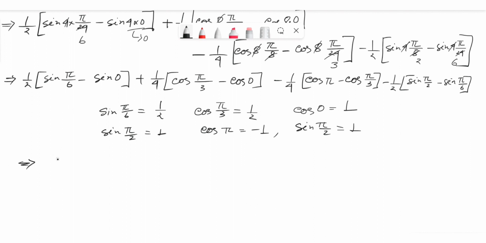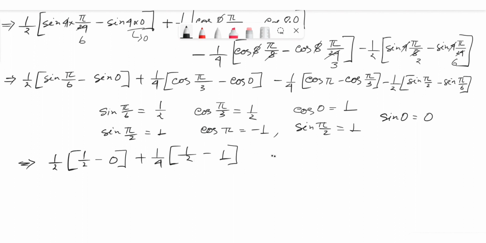So from that we have 1 by 2, sine pi by 6 is 1 by 2, minus sine 0, and sine 0 is equal to 0, plus 1 by 4. Cos pi by 3 is 1 by 2, minus cos 0 is 1, minus 1 by 4.